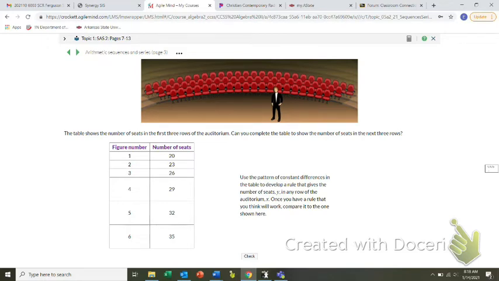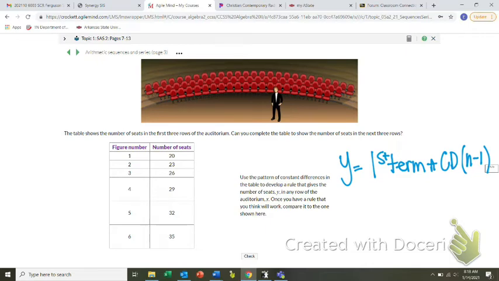So, the first way, which is mostly how you will see this, and it includes y equals, this is for number 4, the first term plus the common difference times n minus 1.